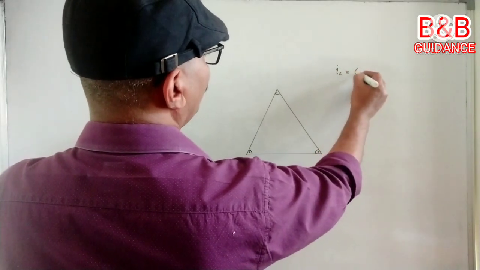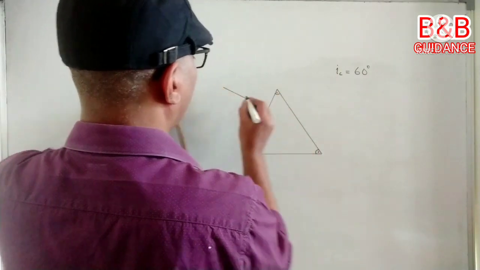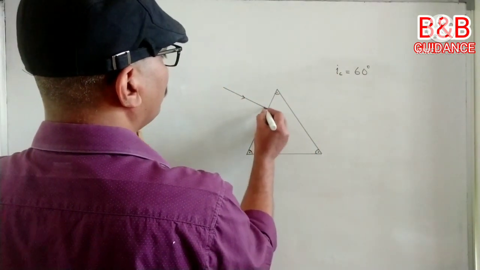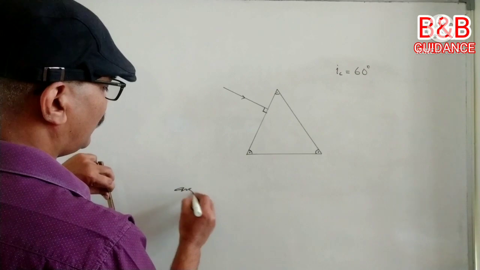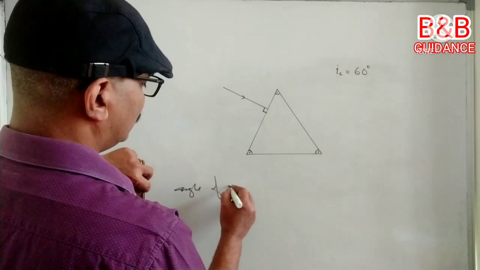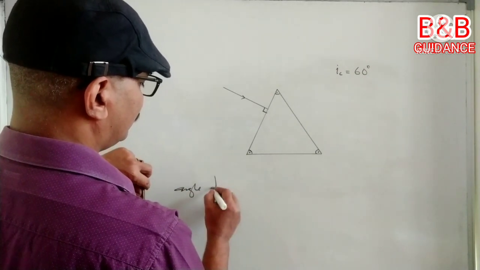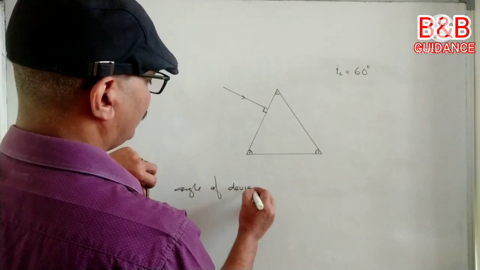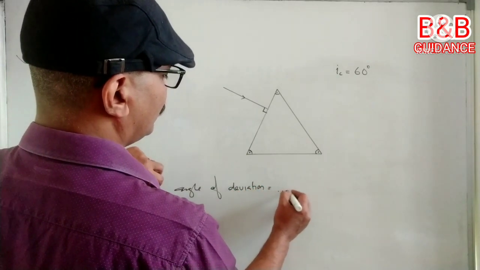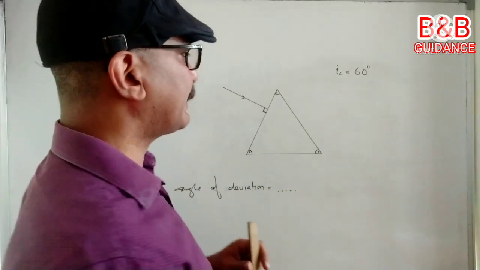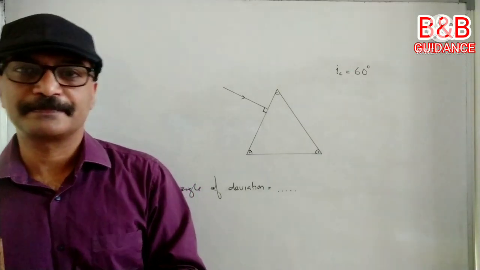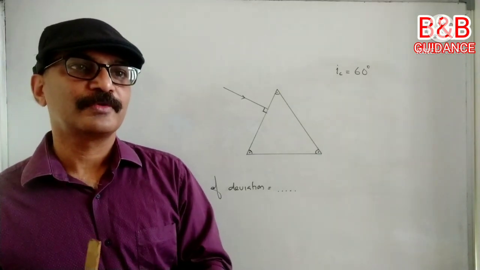Critical angle is equal to 60 degree and it falls here. Question is, what is the angle of deviation? Angle of deviation of the ray. Show that angle.